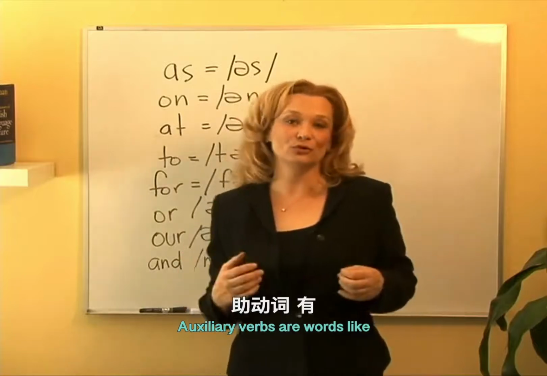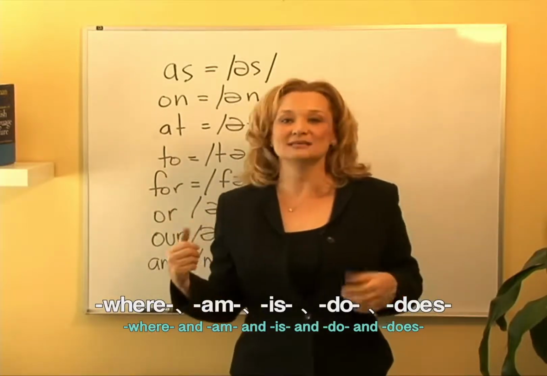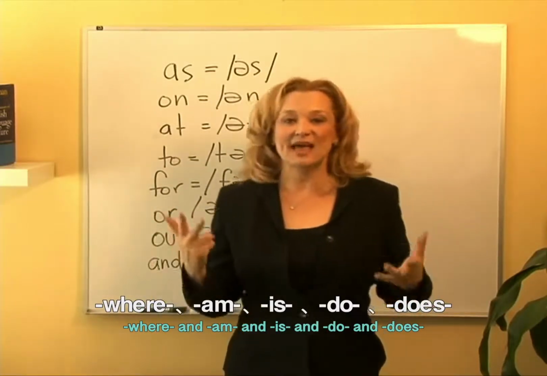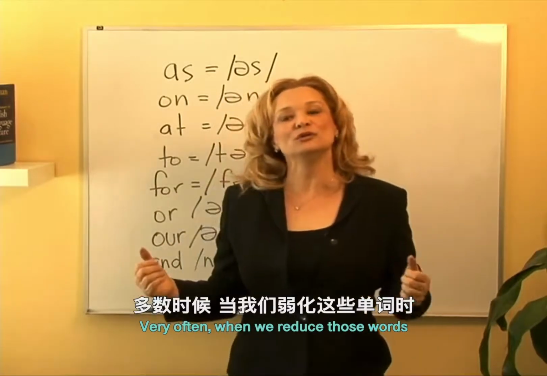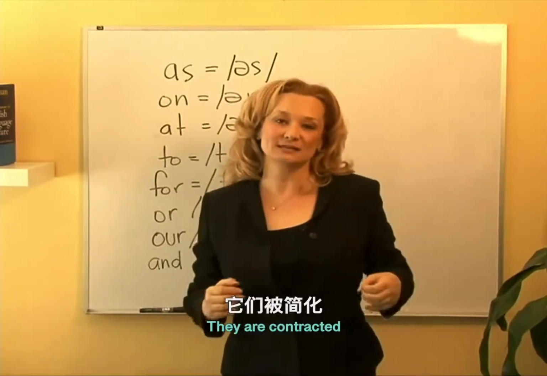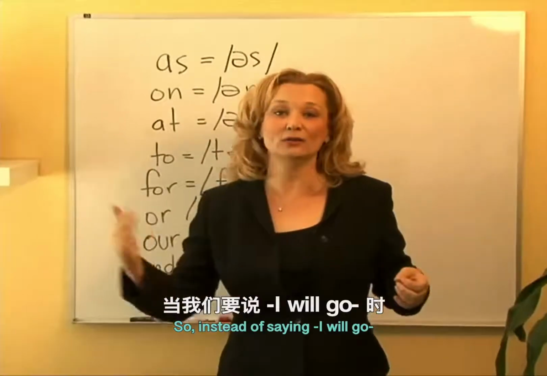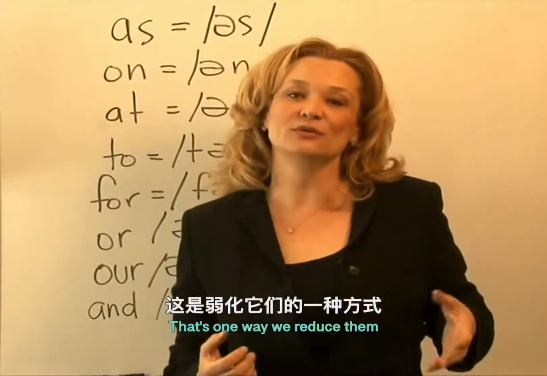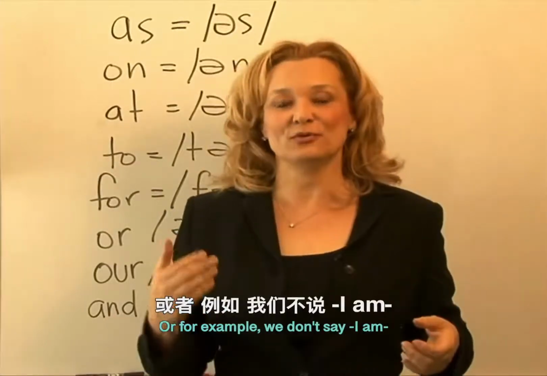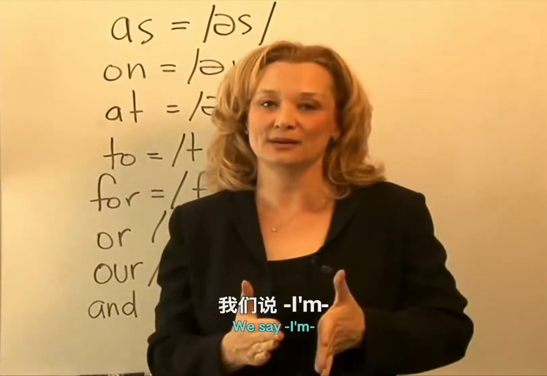Auxiliary verbs are words like will and am and is and do and does. Very often when we reduce those words, they're contracted. So instead of saying "I will go," we say "I'll go." That's one way we reduce them. Or for example, we don't say "I am," we say "I'm."